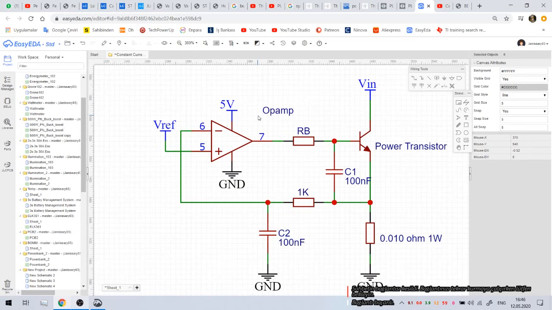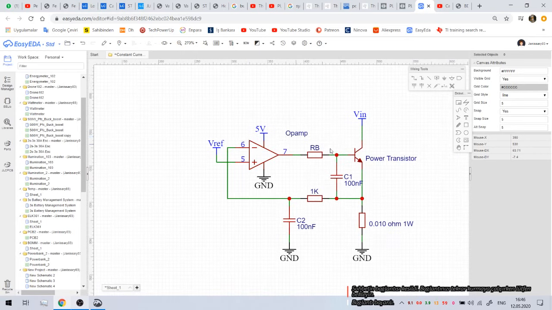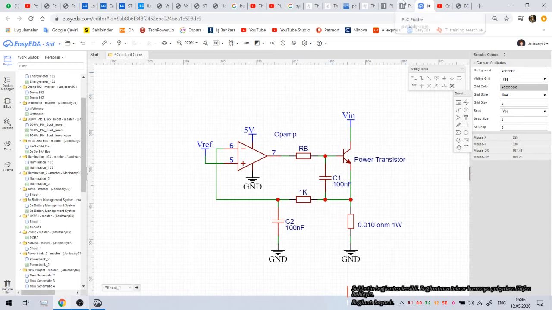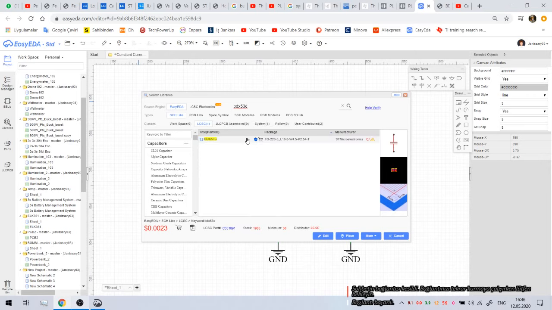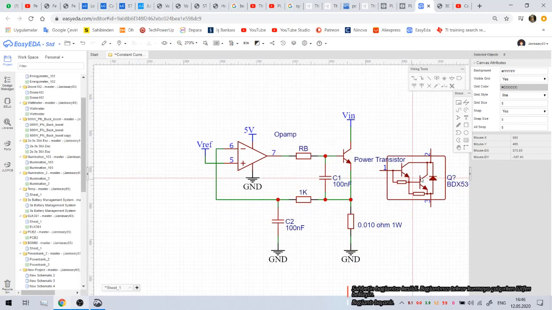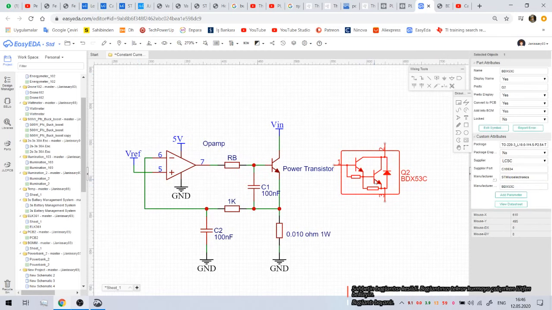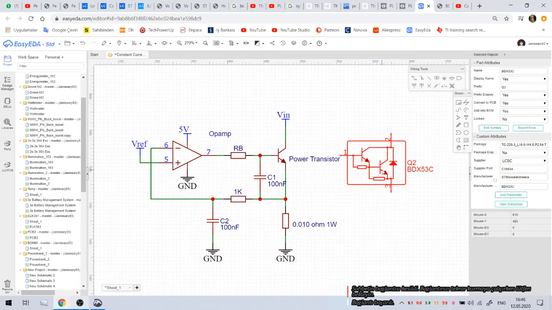And yes, after that, I said I want to use these transistors. I have a lot of them, so I want to use them.